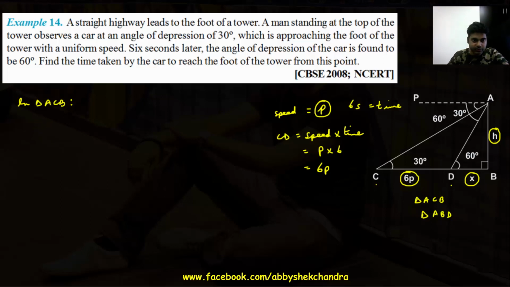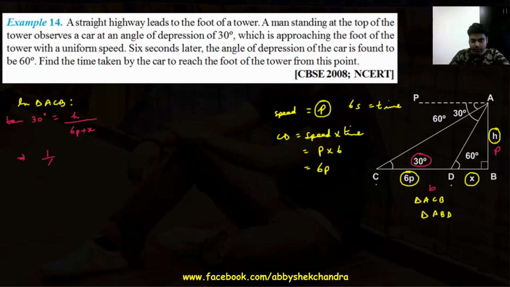now this, let me choose a different ink color. H is the perpendicular with respect to this angle 30 degrees and BC is the base. So obviously we are going to use tan theta. So tan 30 degrees will be equal to H divided by 6P plus X. That's clear?